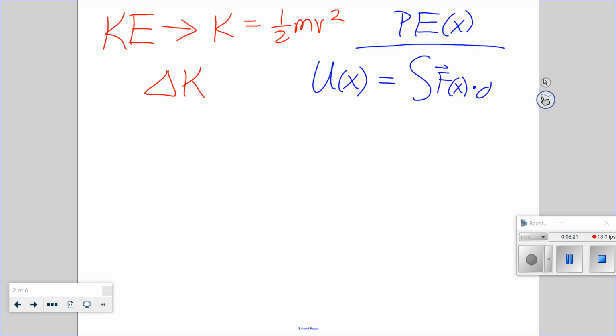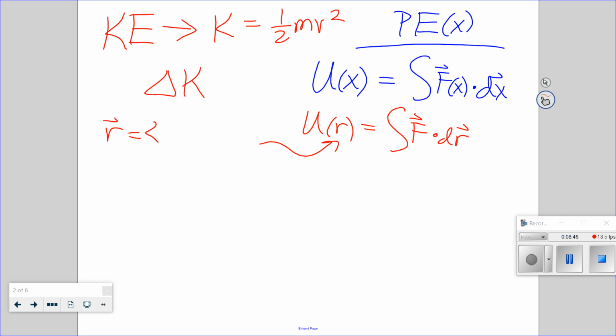dotted with dx. College Board writes it U of r, F dot dr. Yes, that looks terrible, except that r is just x, y, and z. Oops, I don't need the arrows if I drew the brackets.